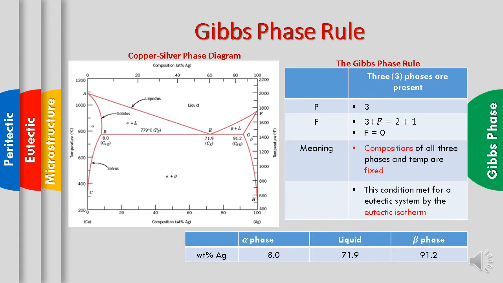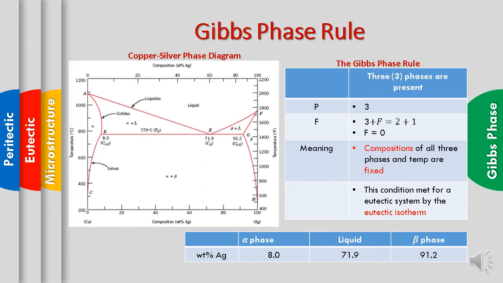When we substitute the value, we determine that F is equal to 0 for the three phases present, and that indicates that the composition of all three phases and the temperature are fixed. Basically, this condition means a eutectic system.